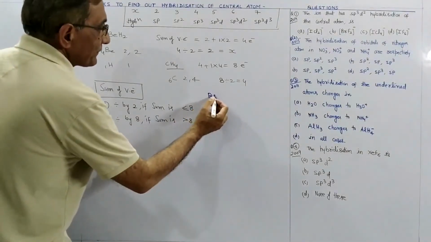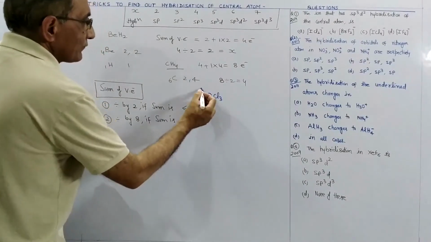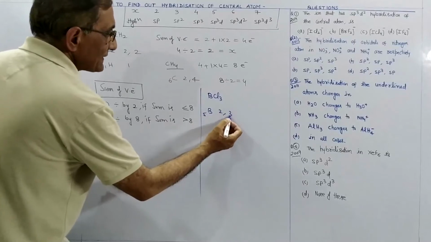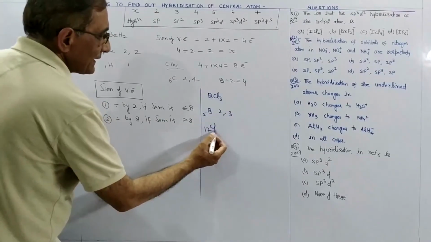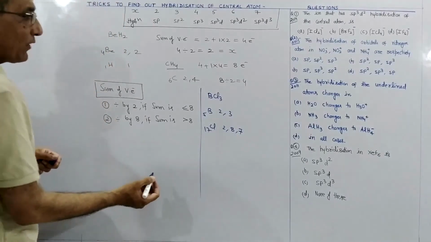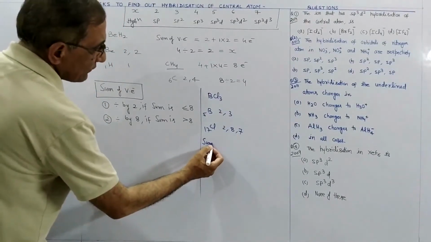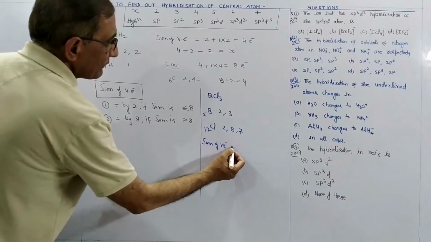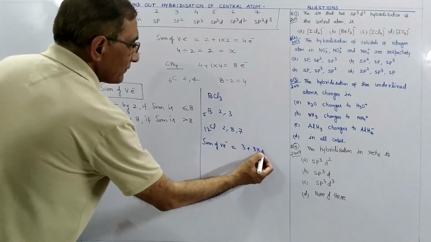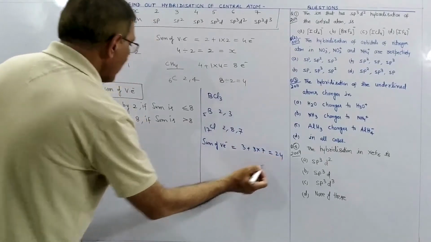If we have BCl3, in boron we have 3 valence electrons, in Cl we have 7 valence electrons. So the sum of valence electrons will be, students, 3 plus Cl we have 3 atoms, it will be 24.